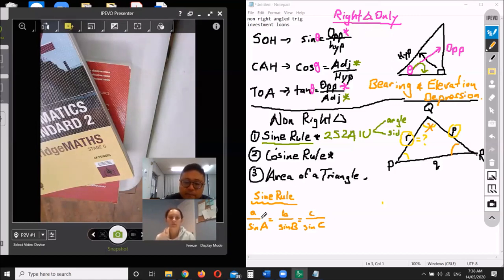So that'll be the case for all triangles. When we use this, we usually put our unknown in the top left-hand corner, because that just makes life easier.